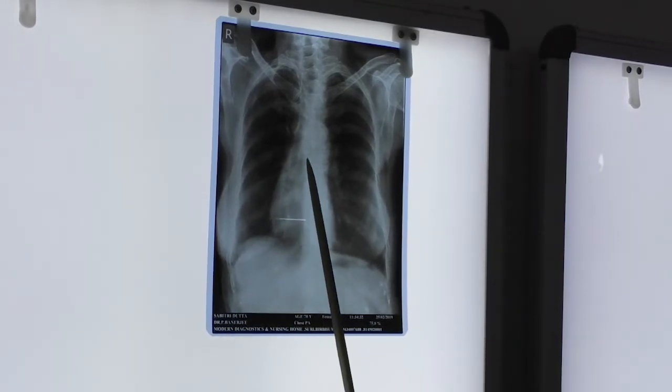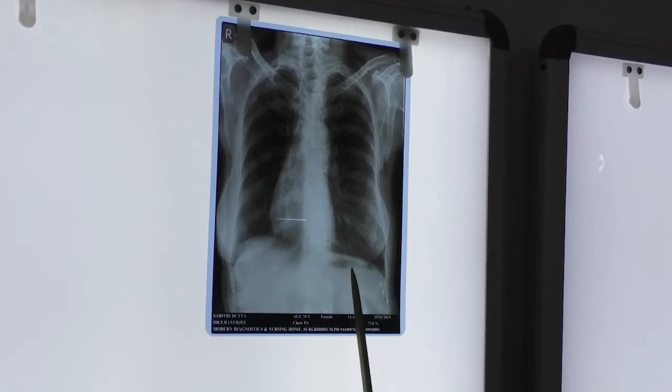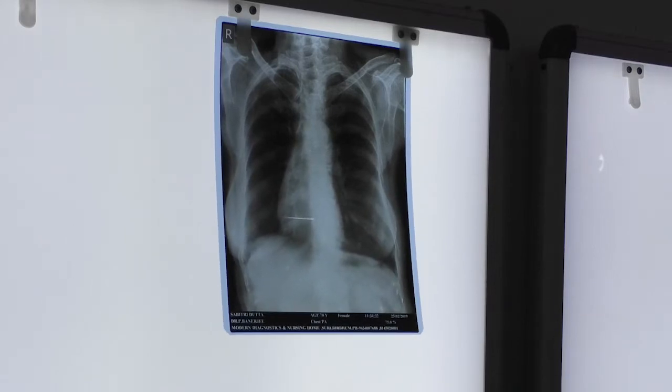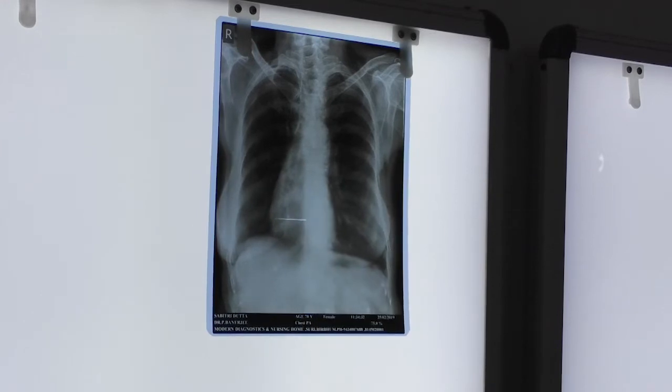That means if the heart is on the right side, then the liver would not be on this side, the stomach would have been on this side. But we can see the black shadow of the fundal gas. So it is not that easy to comment that this is a dextrocardia. So don't comment about this.